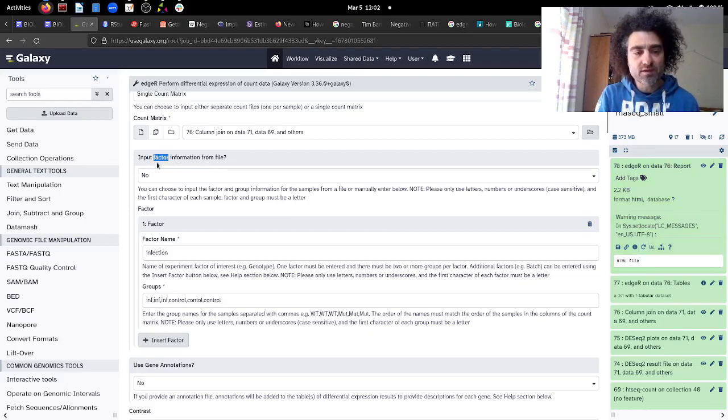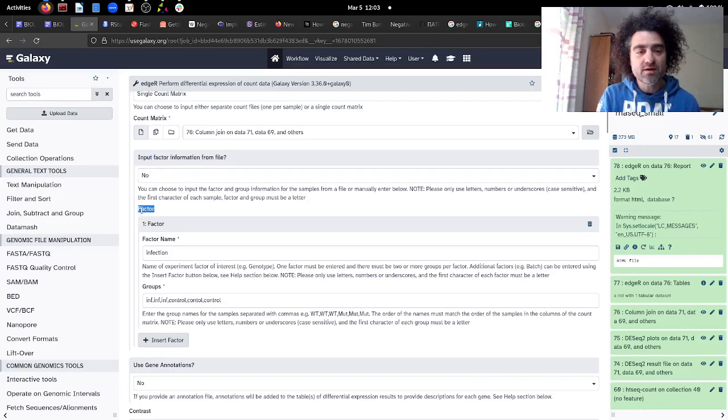What I'm testing here is whether the infection has any role on the expression level, and within the file there is no such information regarding infection or non-infection. So this means that I have to put everything by hand.